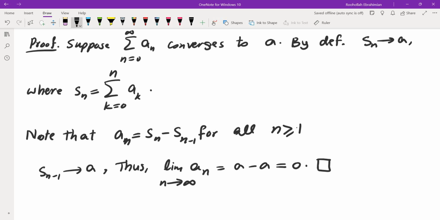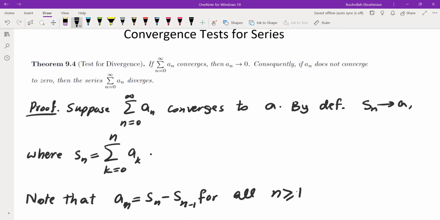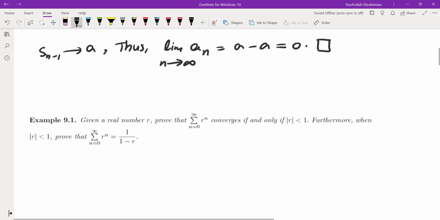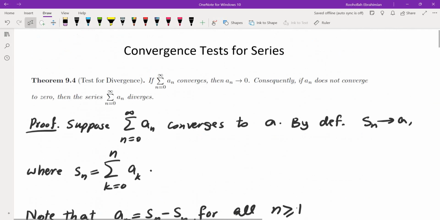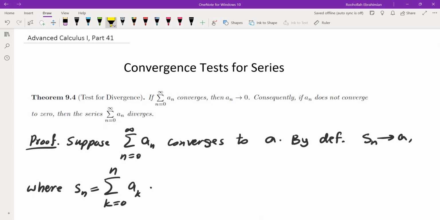So if a series converges, then the nth term approaches 0. The contrapositive of that statement would be if a_n does not converge to 0, then the series diverges. That's the part that is called the test for divergence, and it is the more useful part of this theorem.